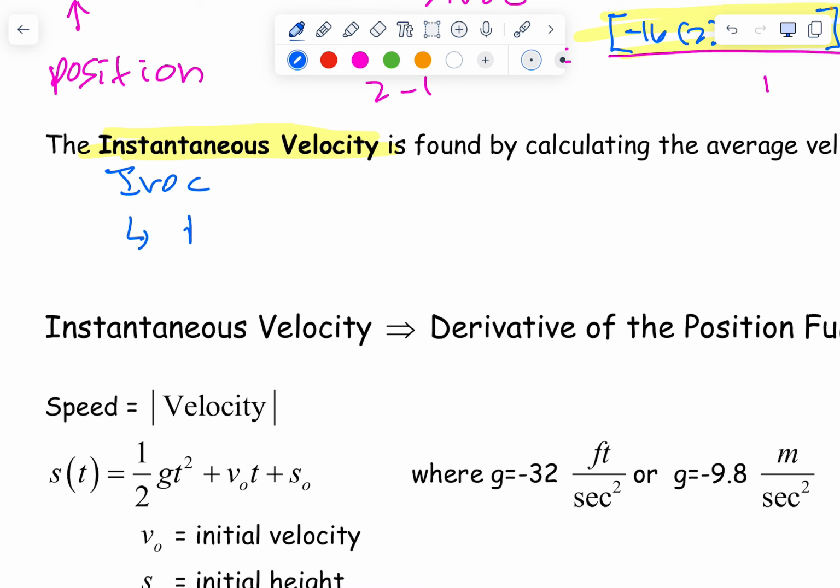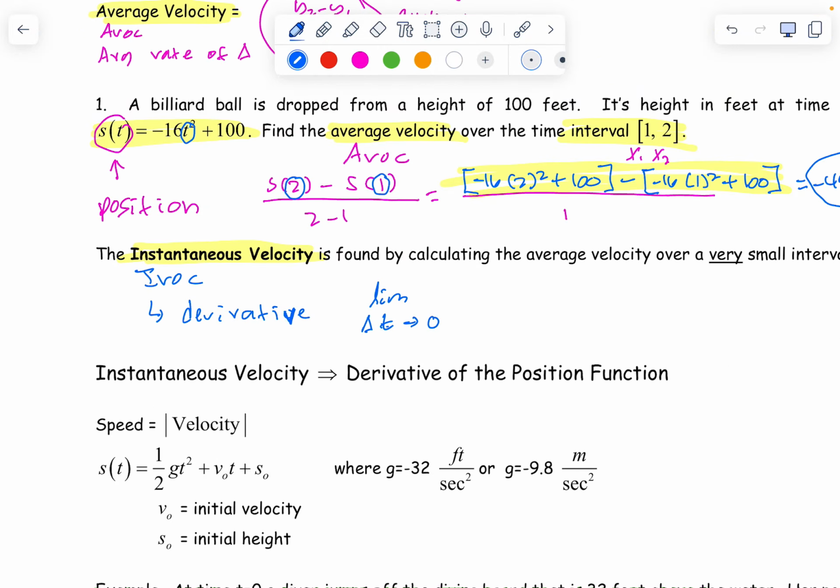IROC simply means what is a derivative using the rule? That's a derivative with the V. And just to kind of reiterate, the derivative at the instantaneous moment is as it approaches zero. As it gets smaller and smaller and smaller at that point, what is happening? And we're going to actually apply that on the next example.